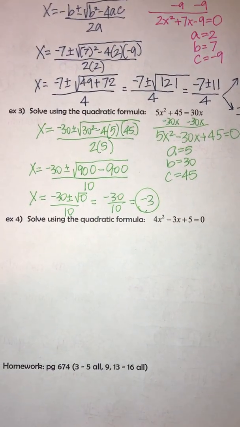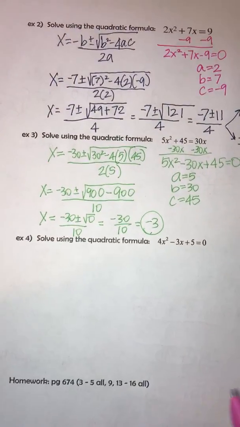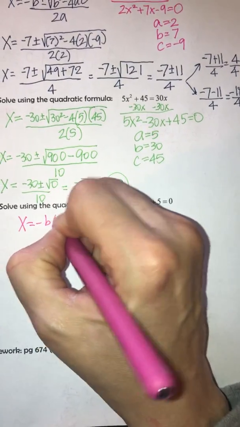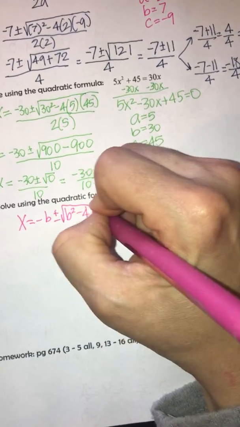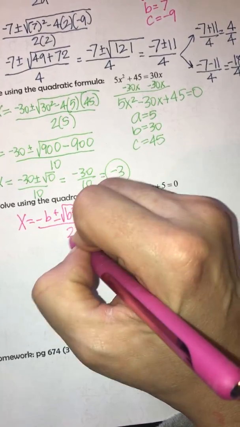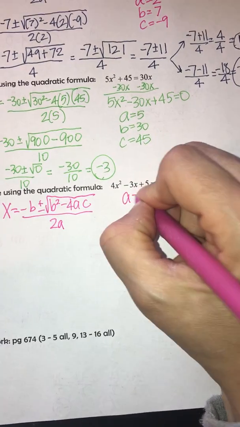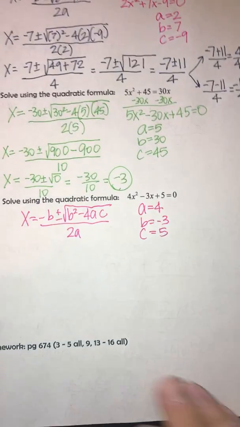All right, last question here. Now this one already equals 0 for us, so that's really nice of them. And again, we're going to use our big quadratic formula here. I'm going to write it so I have it in front of me. And then, so again, here's my A, B, and C. So A is 4, B is negative 3, and C is 5.